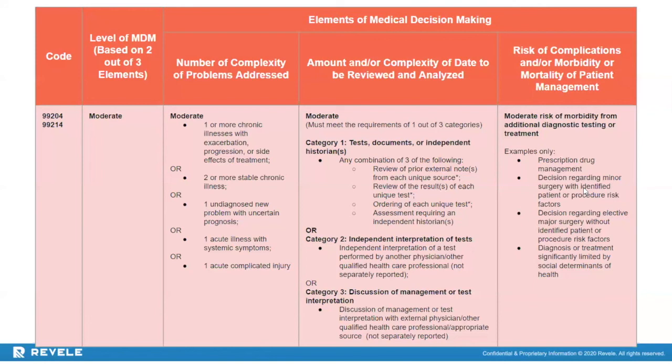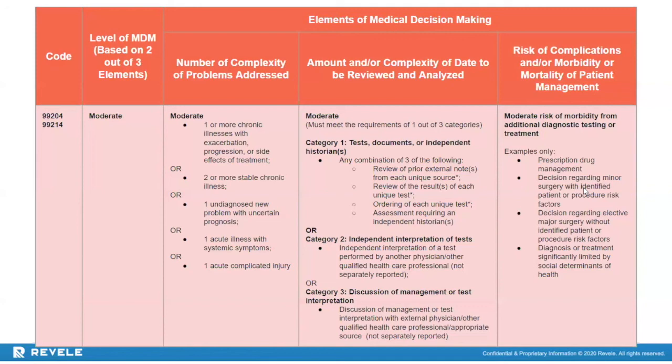One would be a review of a prior external note or notes for each unique source, or a review of the results of each unique test, or ordering of each unique test, or assessment requiring an independent historian or historians, or category 2 being an independent interpretation of a test.